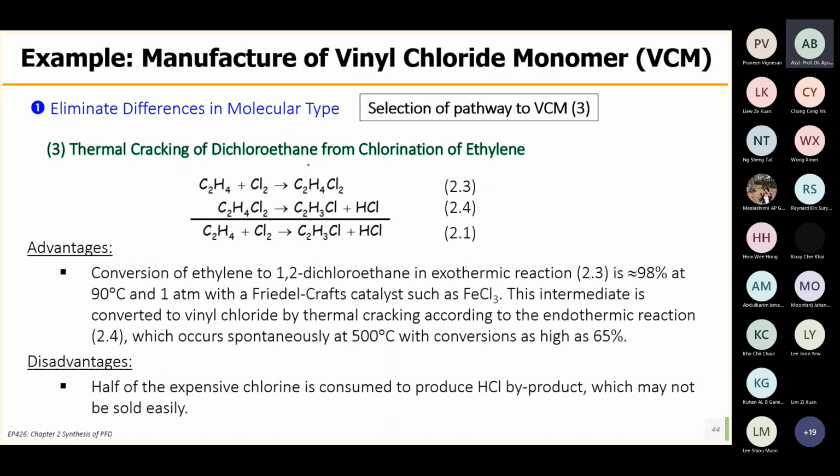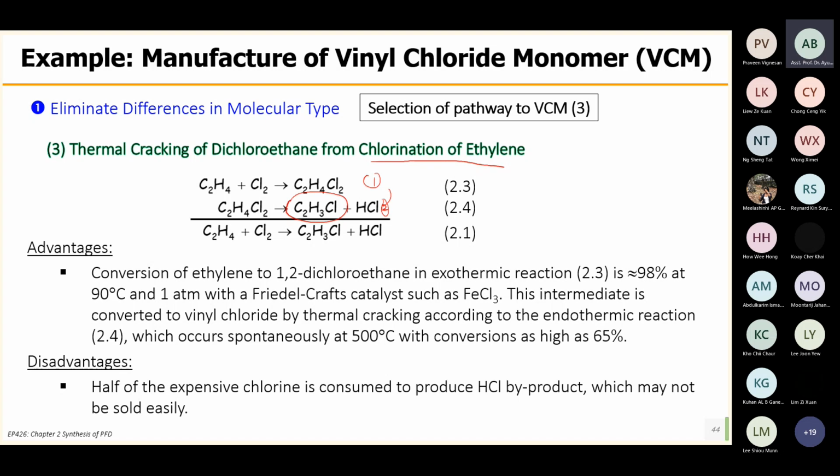Thermal cracking from chlorination of ethylene. You react ethylene with chlorine first, in the first step, then move to the second step, then you get your product.